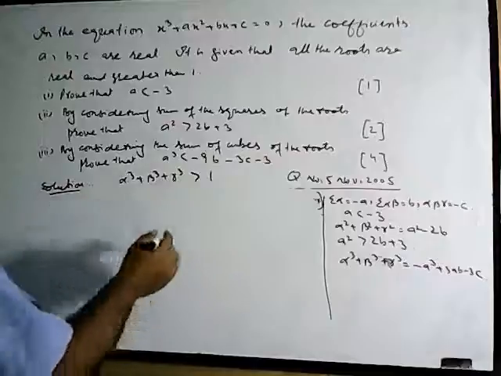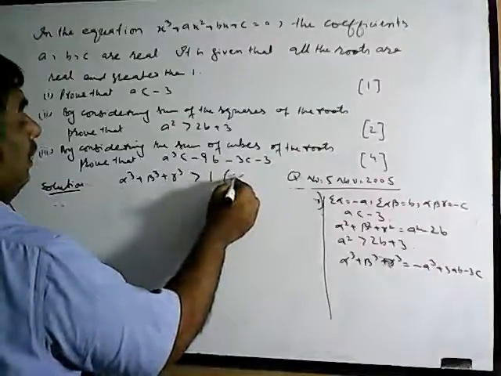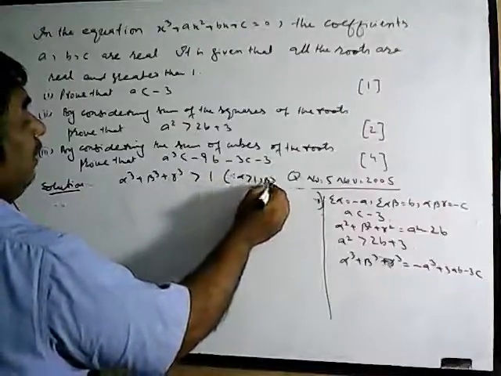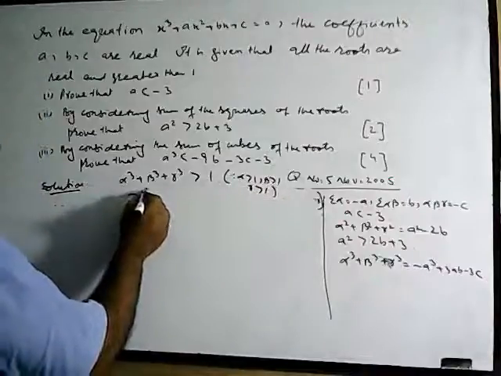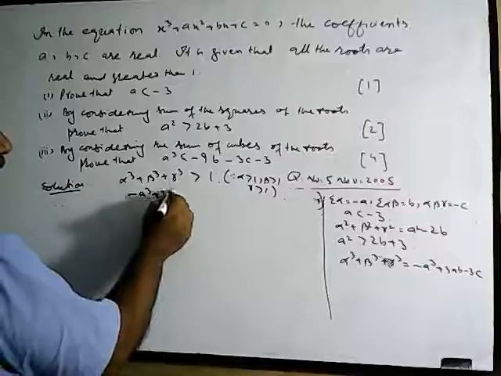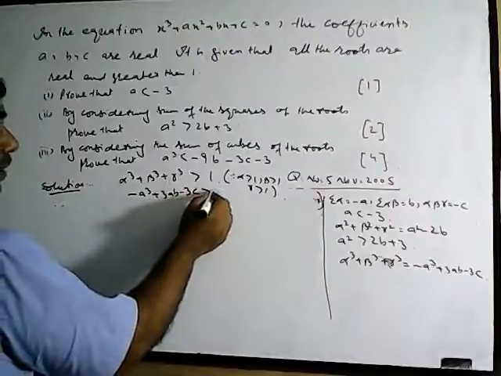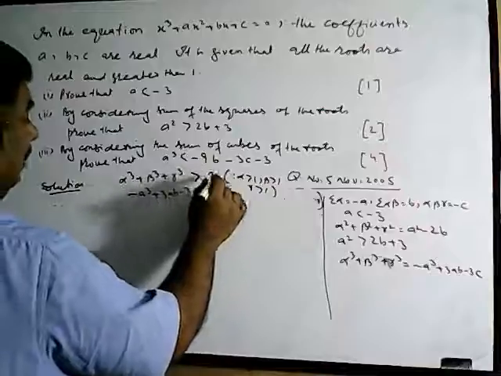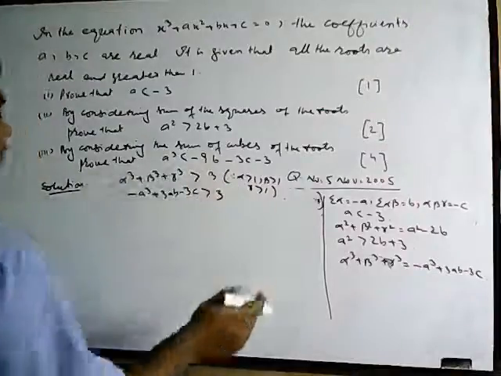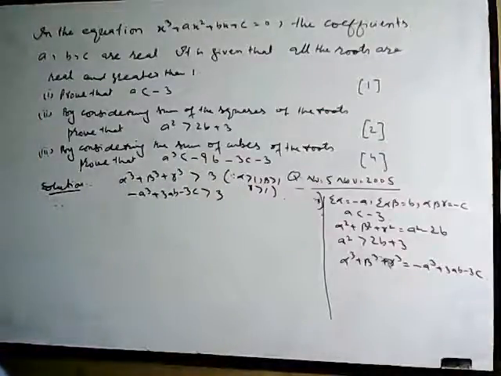Why is it greater than 1? Because alpha is greater than 1, beta is greater than 1, gamma is greater than 1. So I can say minus A cube plus 3AB minus 3C is greater than 1. Sorry, 3. It must be 3, because each cube is greater than 1, so it's 3.